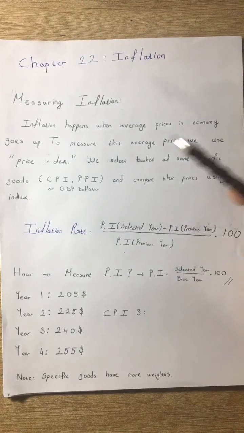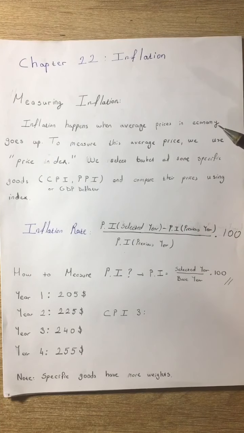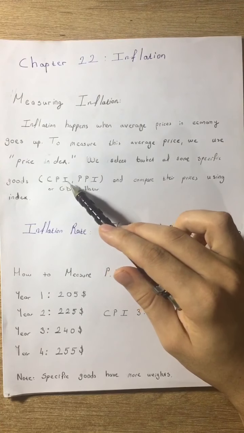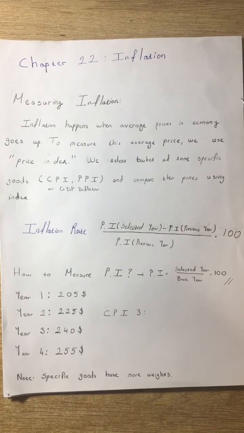We have seen the GDP deflator in chapter 19, and GDP deflator refers to all produced goods' price change, whereas CPI, consumer price index, focuses on the goods that consumers use, such as food, clothing, or rents.